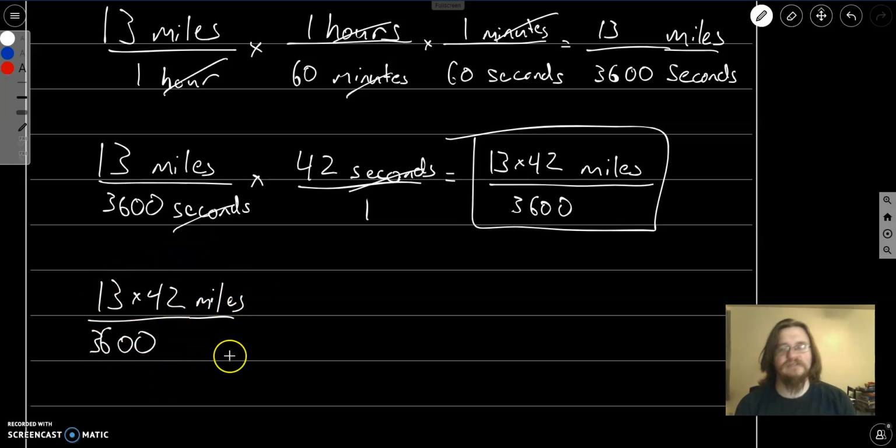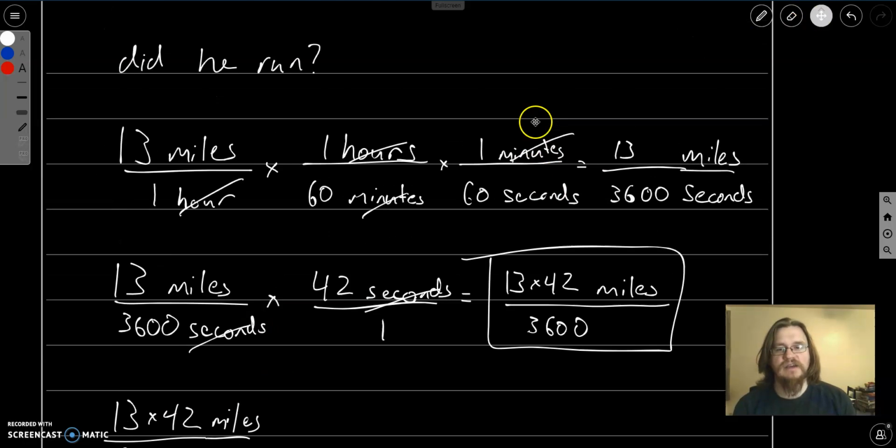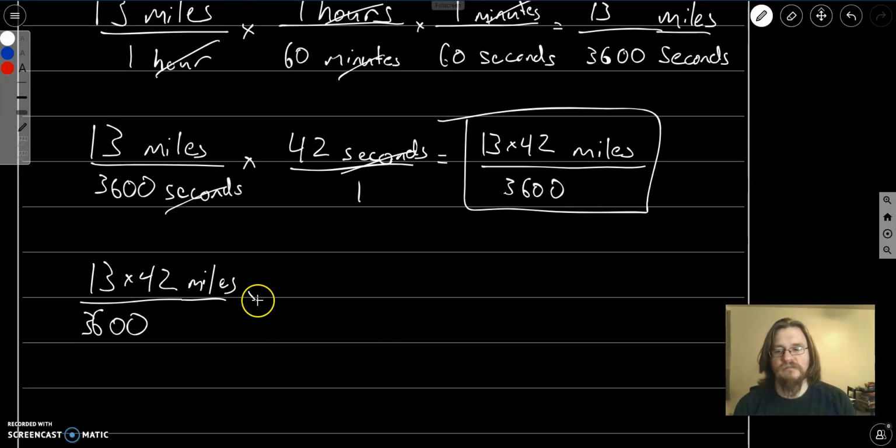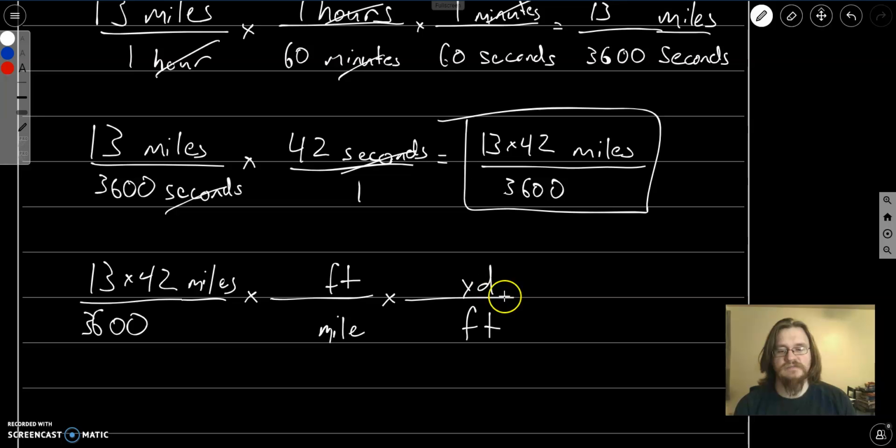This is how many miles Casey runs in this example, but I don't want miles, I want yards. So how do I convert miles to yards? Well, I know that I can convert miles to feet really easily, and then I can convert feet to yards.